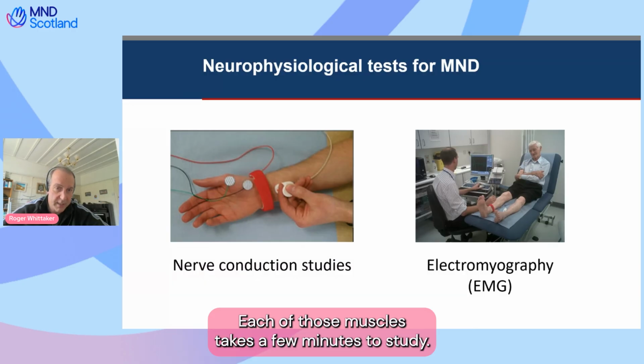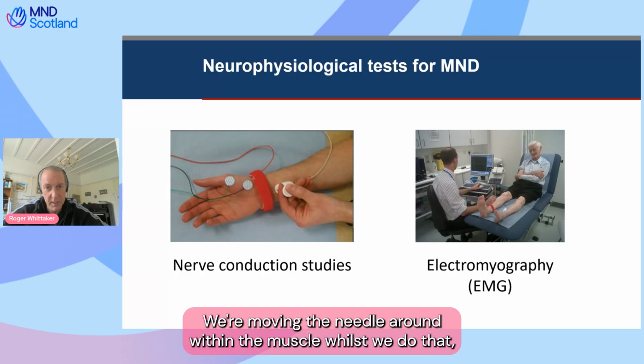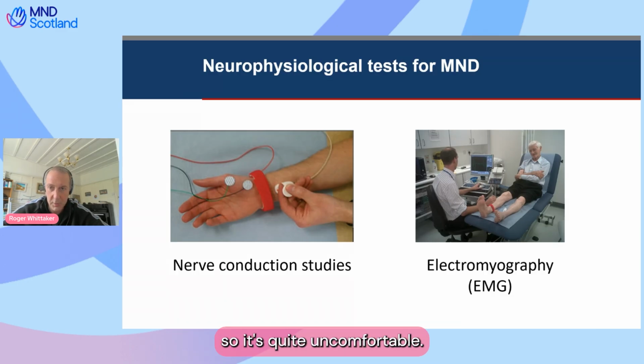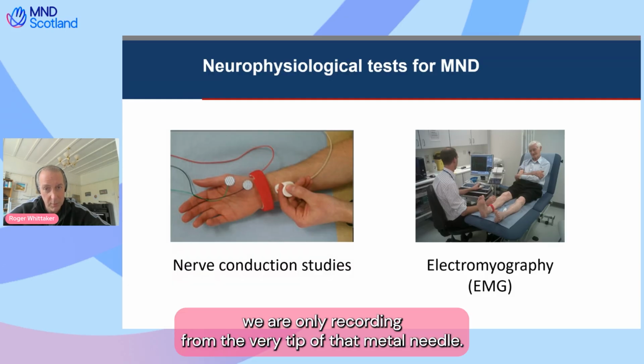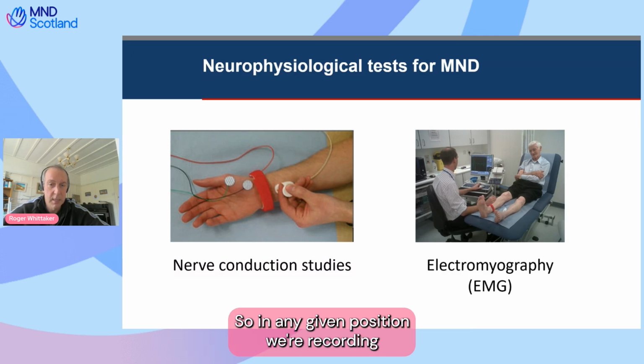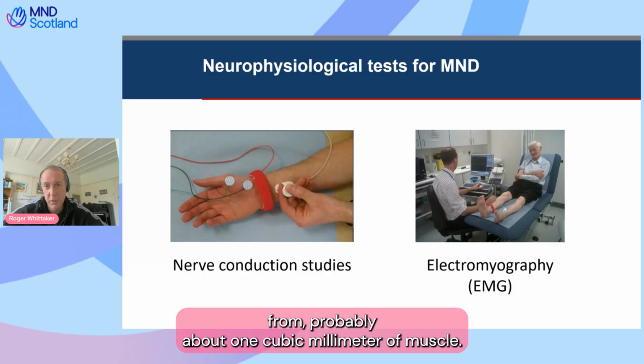Each of those muscles takes a few minutes to study. We're moving the needle around within the muscle whilst we do that. So it's quite uncomfortable. But more importantly, we're only recording from the very tip of that metal needle. So in any given position, we're recording from probably about 1 cubic millimeter of muscle.